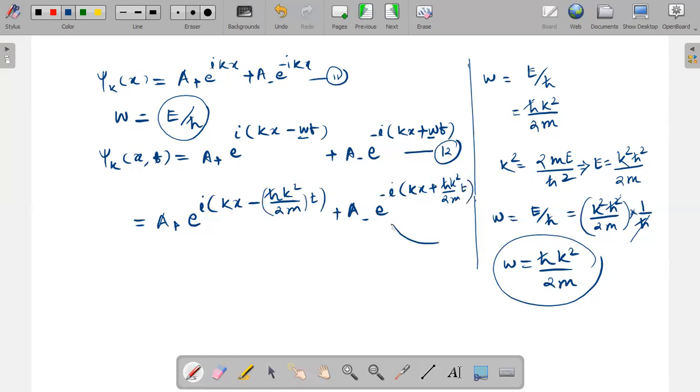Okay, and this is your equation number 13, and this is your psi of x comma t.